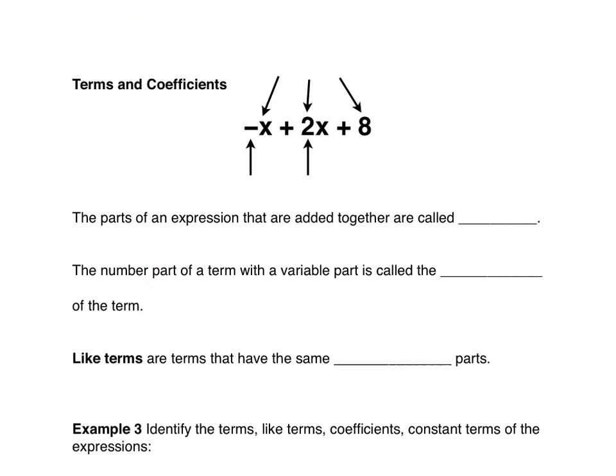Next up here we have some different things. When we go to simplify expressions, we have to learn about terms, like terms, coefficients, and constants so that we can combine and simplify expressions. So this first piece up here, what we're going to write is the word terms. Each one of these individual pieces in this expression is called a term.